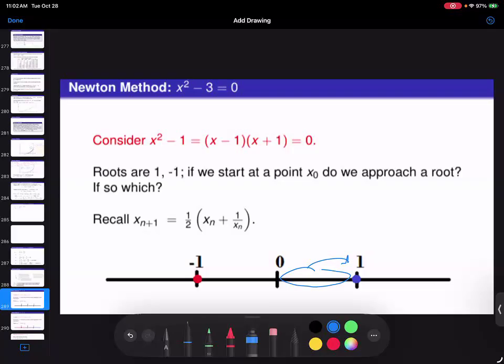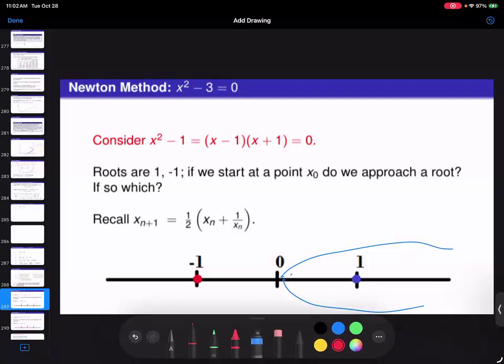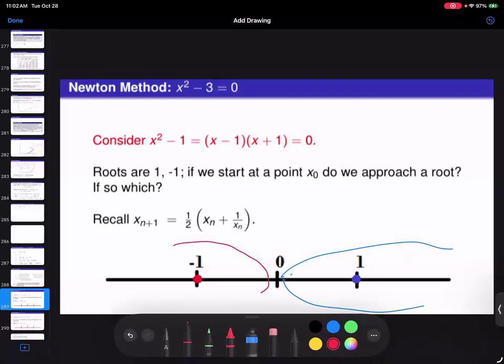Between 1 and 2. Okay, what about between 2 and 3? Yes, anything above 1 then. Yeah, so basically, the hope is that maybe all of this goes to 1. And similarly, everything below 0 should go to -1.